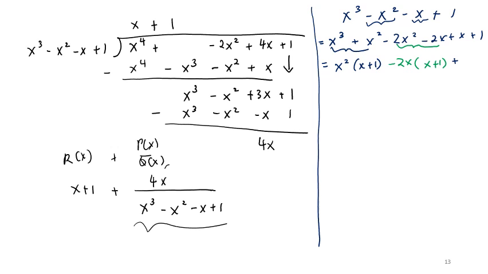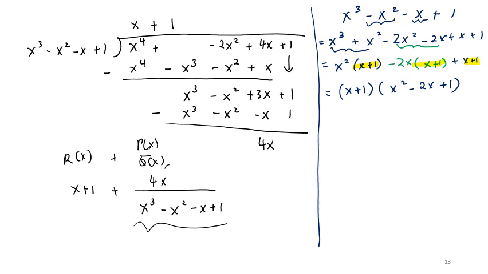Then we get x plus 1. If you notice here, a common factor is x plus 1. So we can take that x plus 1 out and then factorize the whole thing. Then x squared minus 2x plus 1.